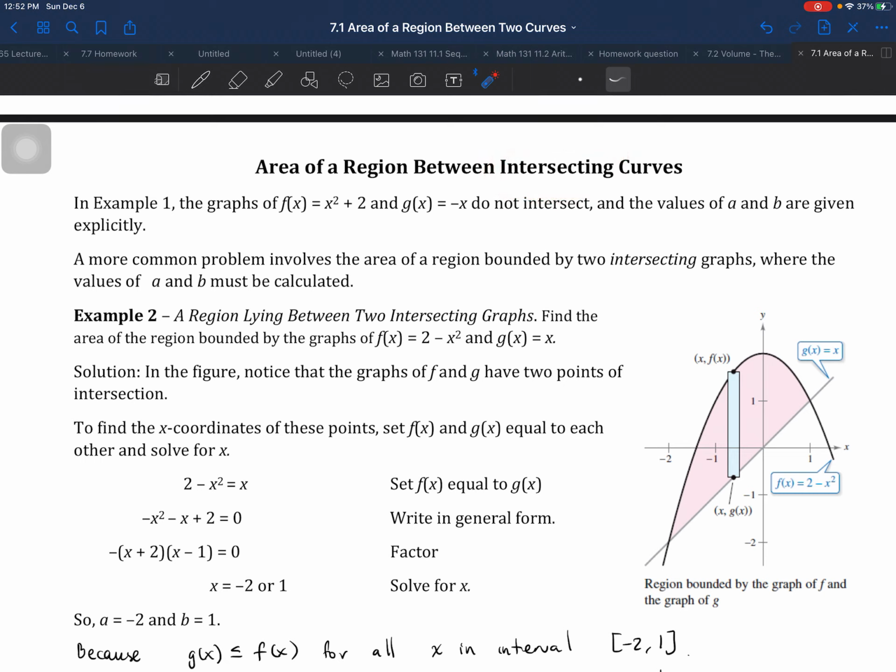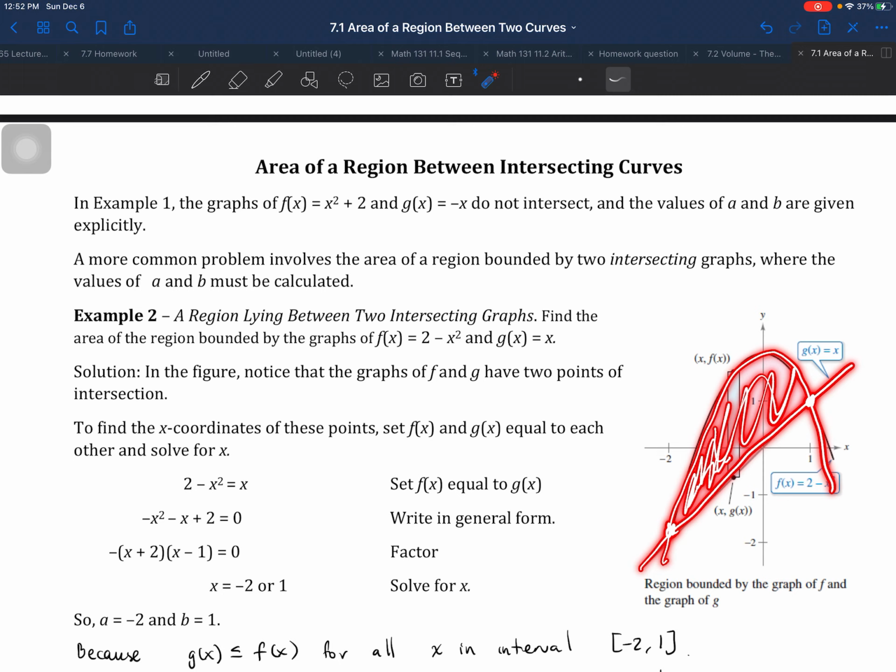So what they're saying here is that they want us to find the area between the two curves in the intersection of the two curves, right? Here, this is your parabola facing down, this is your linear, and this is the only region where they're between each other and between the two intersections, right?